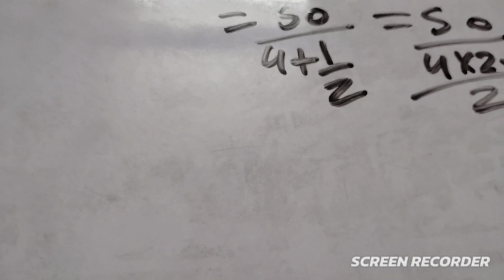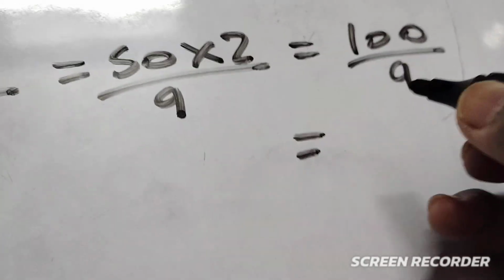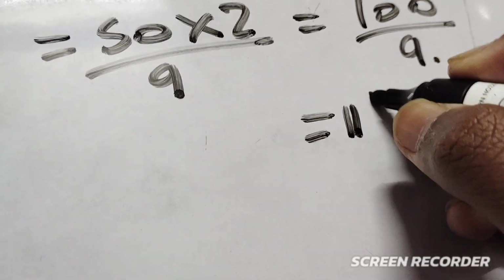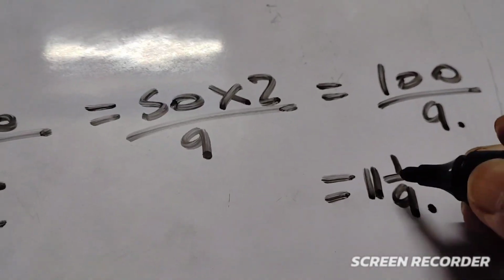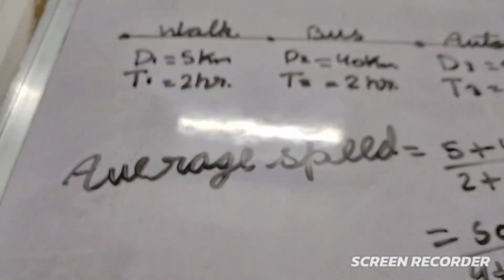It is an improper fraction, so we will convert it into a mixed fraction: 11 1 upon 9, since 9 elevens are 99. Everything is done.